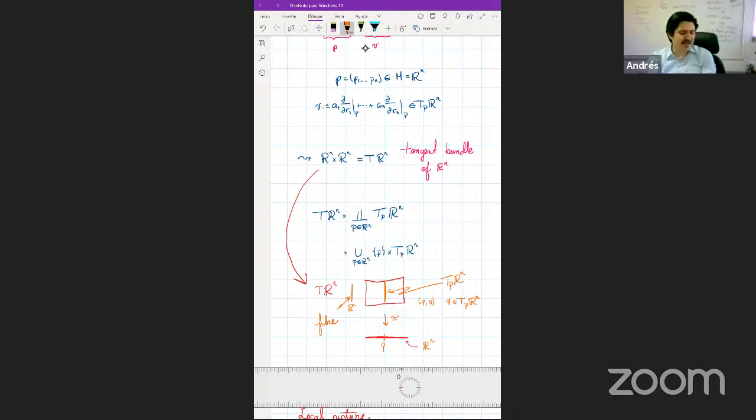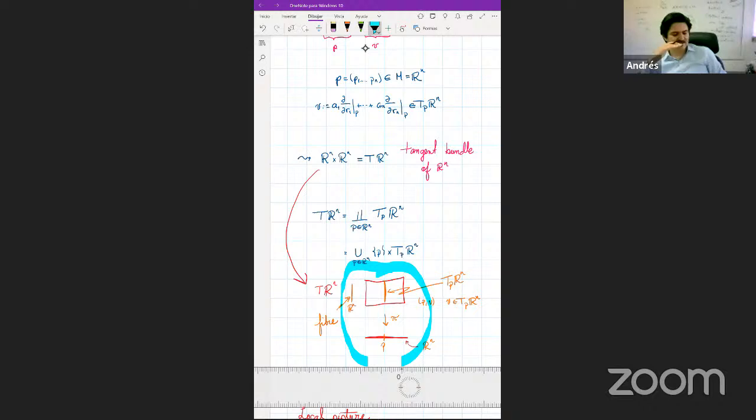Okay, so this is the tangent bundle of Rn, and this makes perfectly good sense for you, but I would like you also to try to get used to this notation. It is the most commonly used, not only for tangent bundles, but for any vector bundle or any fibration.